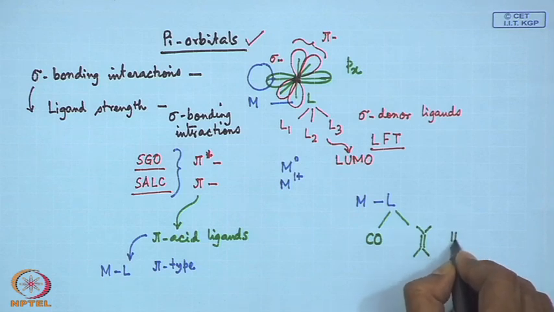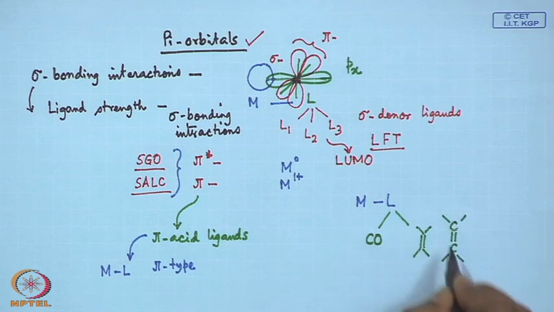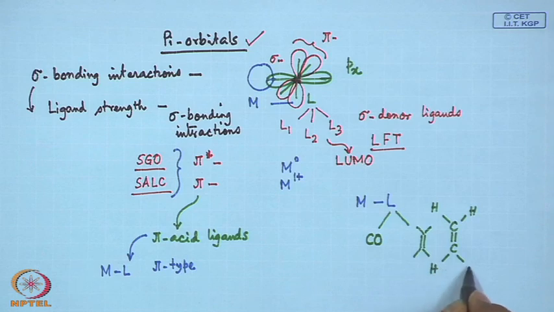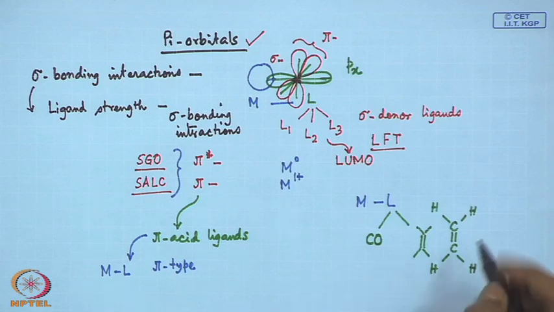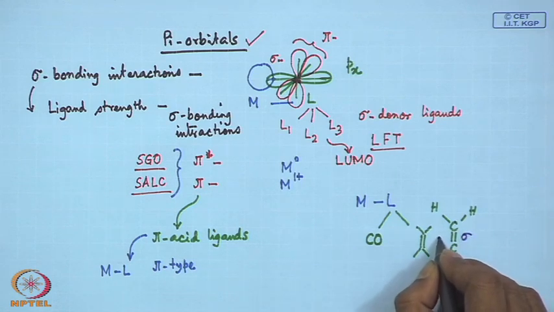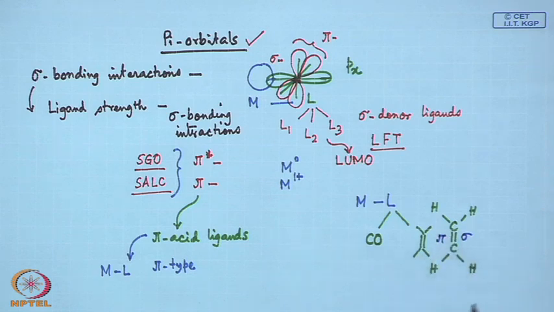Similarly, we can have the simple acetylene molecule, where we have the carbon-carbon bond and the hydrogen atoms attached to these two carbon atoms. In this case also, we already know that for the C-C bond we have the sigma bond and we have the pi bond.